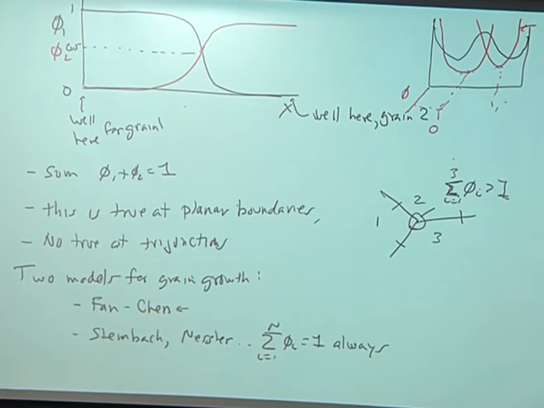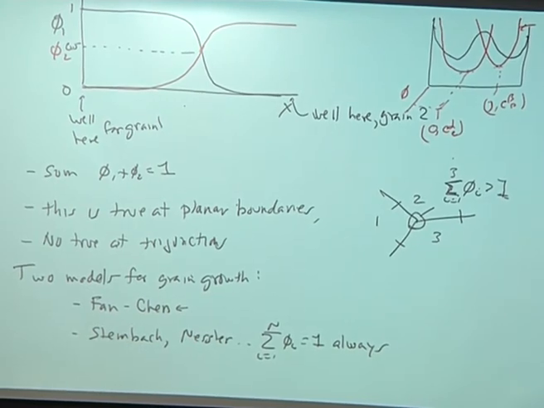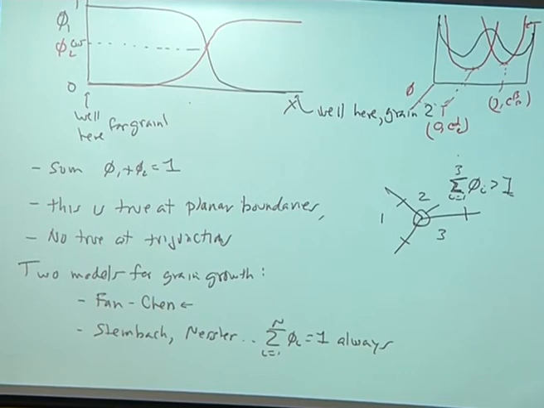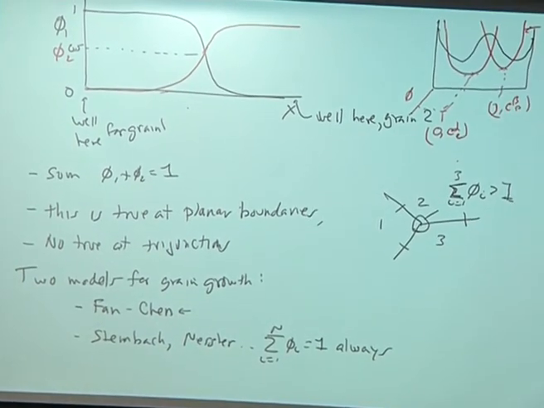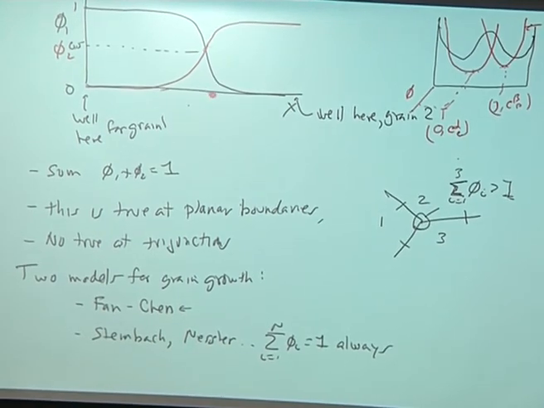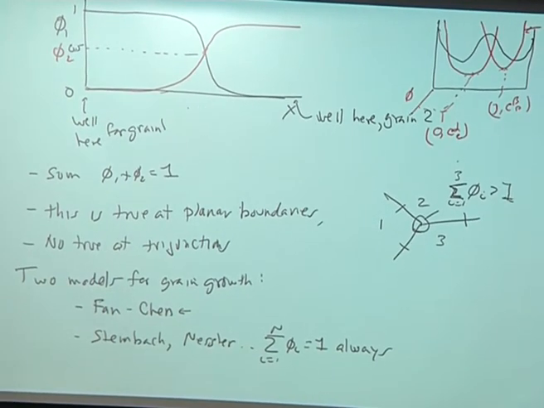This is phi equals 1, C beta E. This is phi equals 0, C alpha E. And the free energy becomes a linear combination of these two free energies weighted by phi going from 0 to 1 as you go across the interface. Okay? So that's the essence of these models that use CALPHAD free energies.